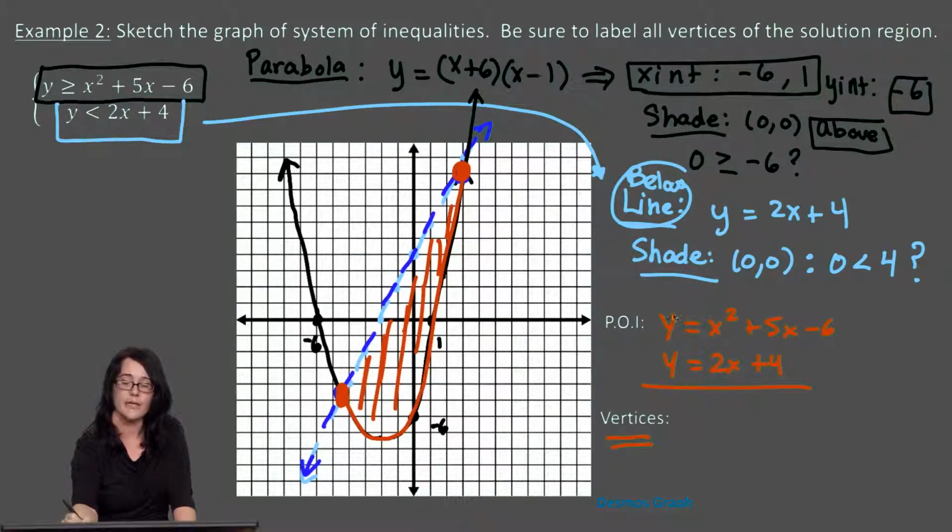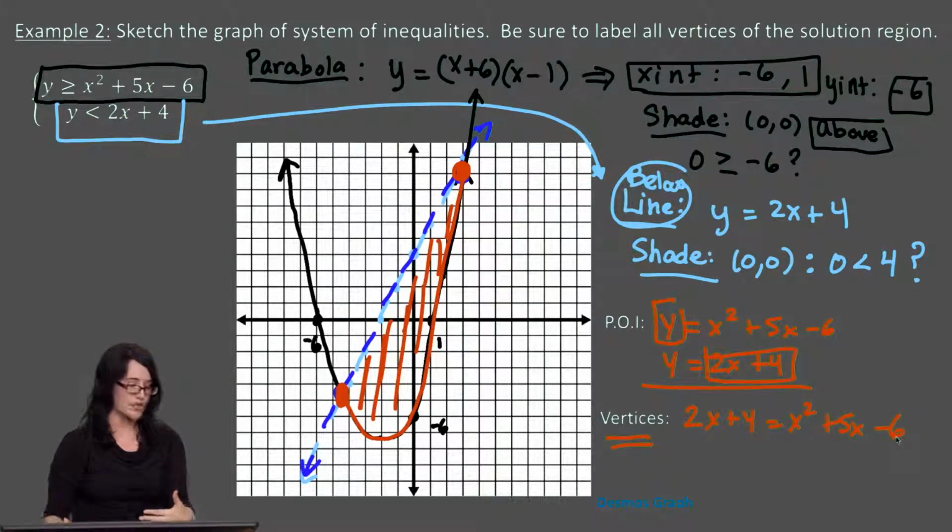If you actually replace this y with what this second y is, you would get 2x plus 4 equals x squared plus 5x minus 6. After solving this quadratic equation, you should end up getting vertices with x values of -5 and 2. You'll have to do that solving on your own. You'll get x equals -5 and x equals 2.